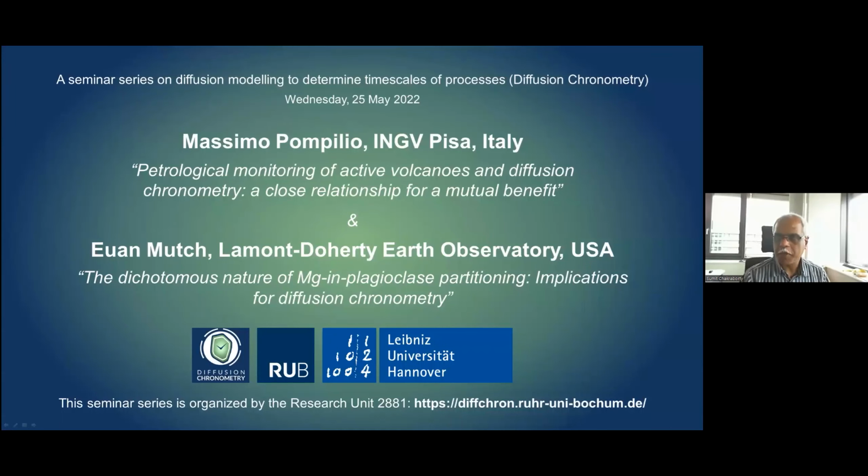So the next speaker is Euan Mutch from the Lamont-Doherty Observatory in Columbia. Euan did his PhD in Cambridge, coming from Bristol, where for his master's he had already worked on barometry using amphiboles with John Blundy.